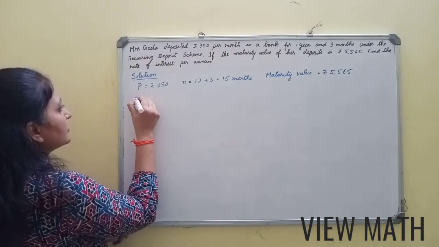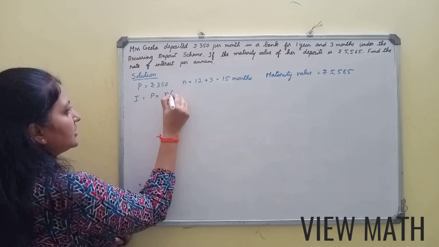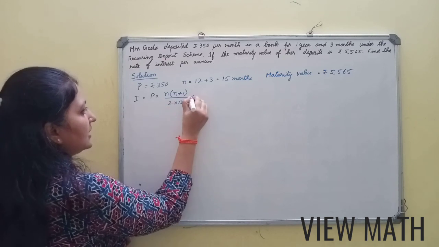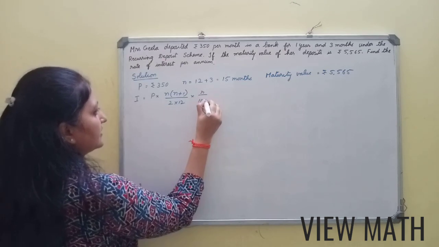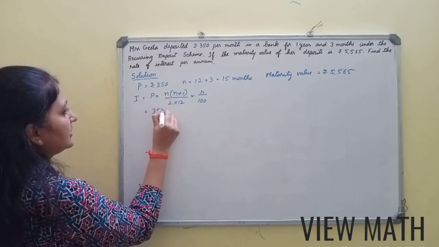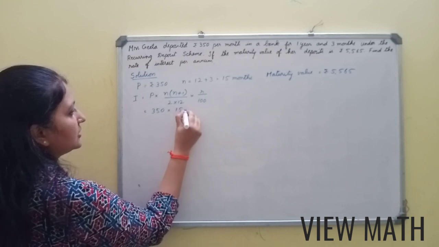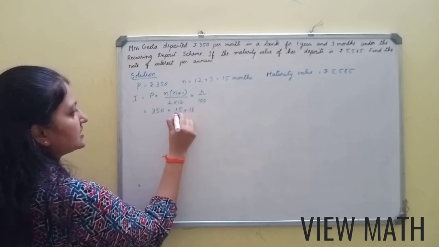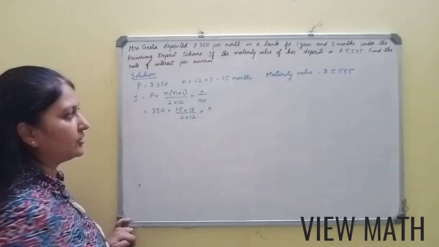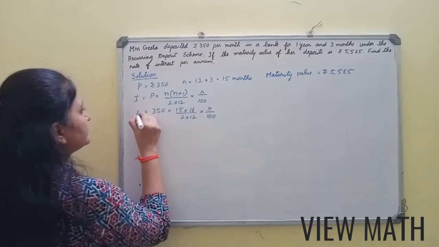Again the same procedure. I is equal to P into N into N plus 1 by 2 into 12 into R by 100. P value is 350 into N, N is 15 months, so 15 into 15 plus 1, 16 divided by 2 into 12 into R. I have to find out, so let me keep it as R by 100.